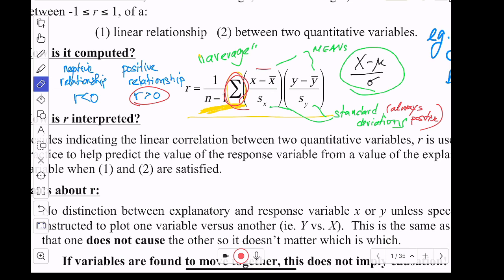Let's say if x is above its mean, if the relationship is negative, then y would be below its mean, you see? And then a positive times a negative will be a negative. If this keeps on happening because it's a negative relationship, then I'm just going to be adding a bunch of negatives together and R will end up being negative.